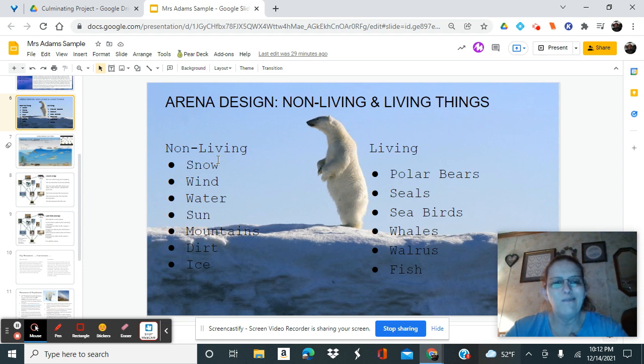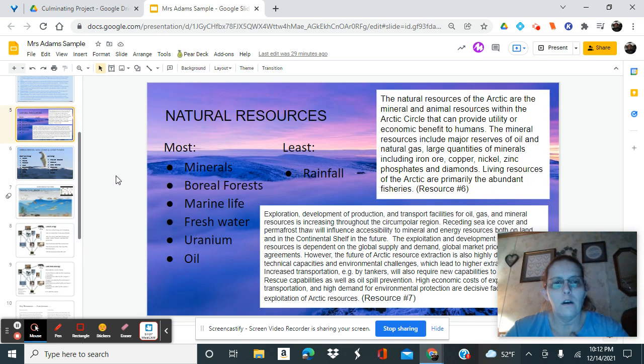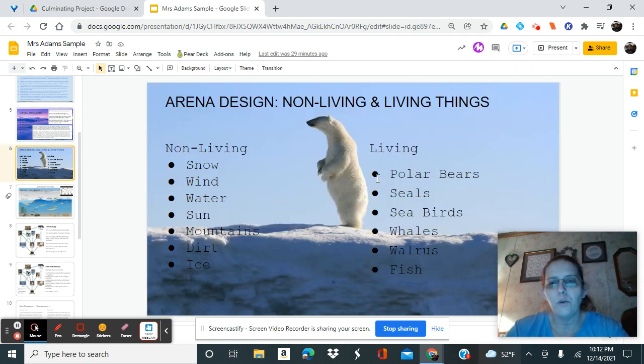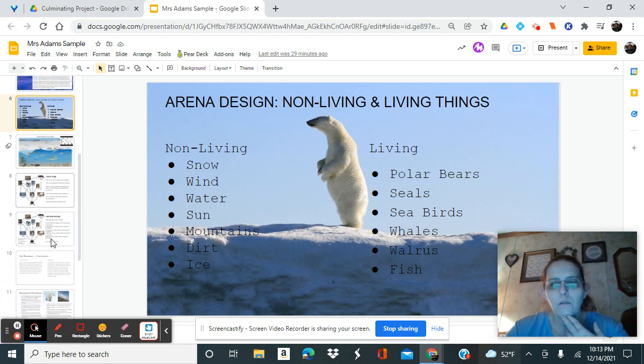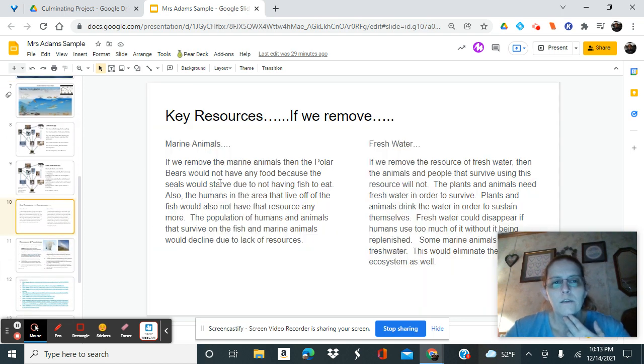And then I thought, what other resource could I have? Well, fresh water. Water is kind of a big deal. So I chose fresh water and polar bears as 2 of my big resources to predict what would happen if we removed marine animals or if we removed fresh water.